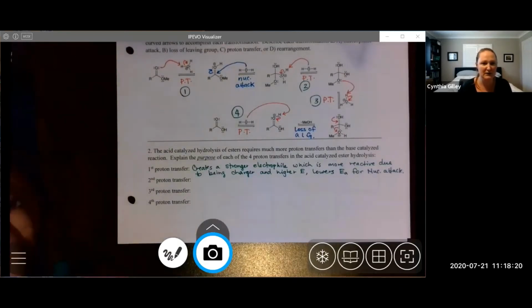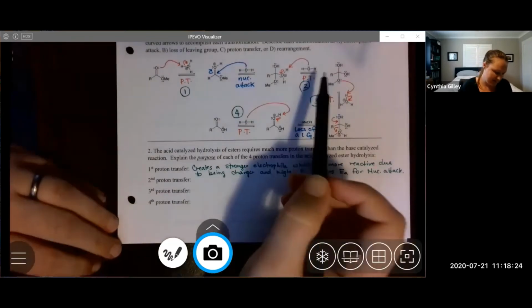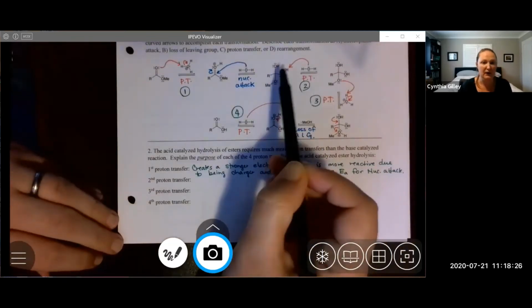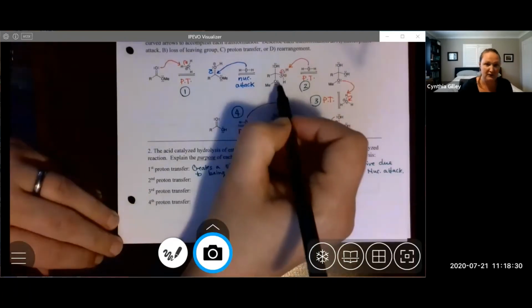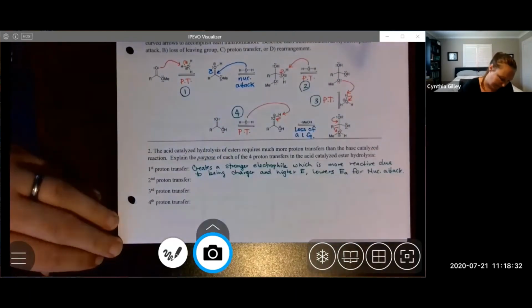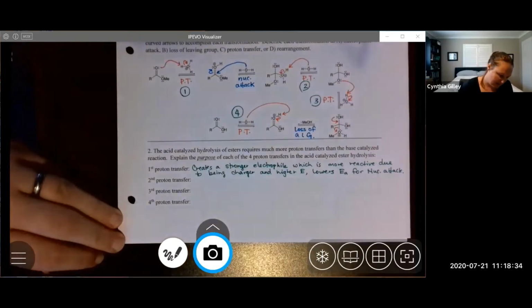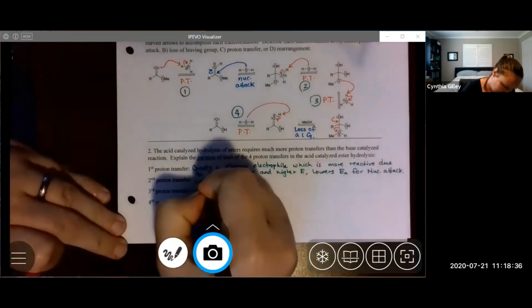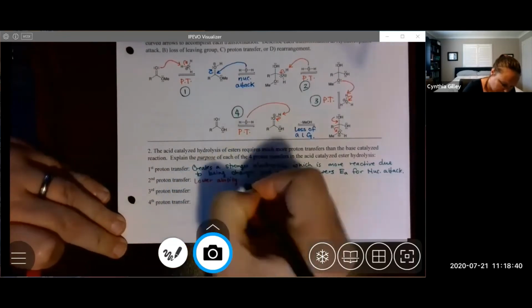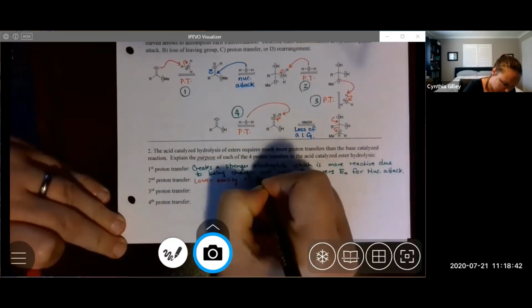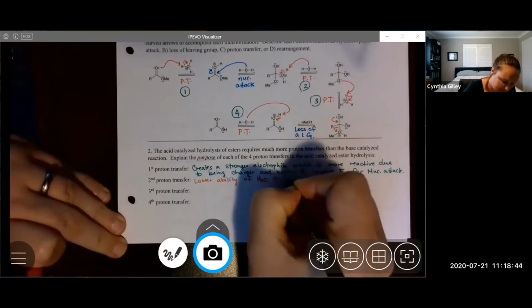So proton transfers are really occurring all the time, but you could say that the point of this is to lower the propensity of this water to act as a leaving group, right? So you could say to lower the ability of water to act as a leaving group.